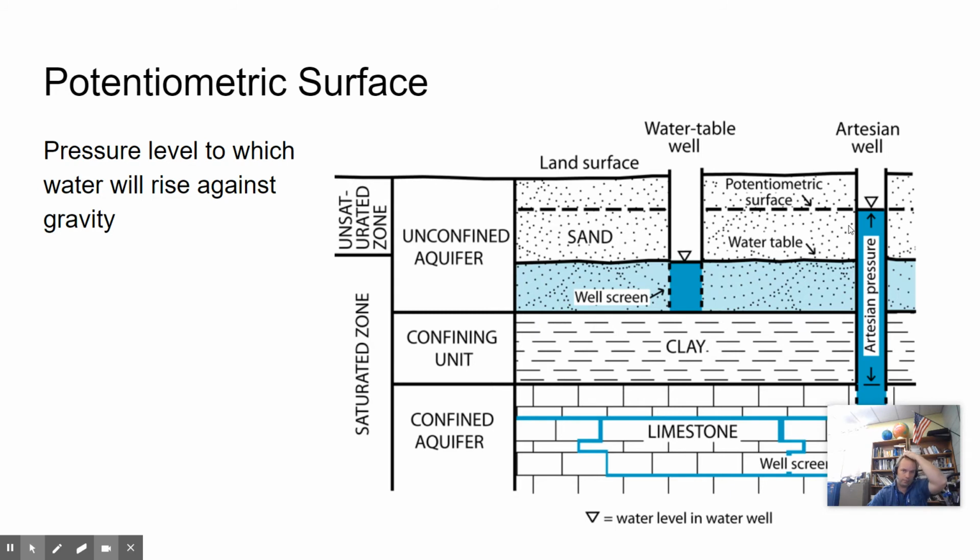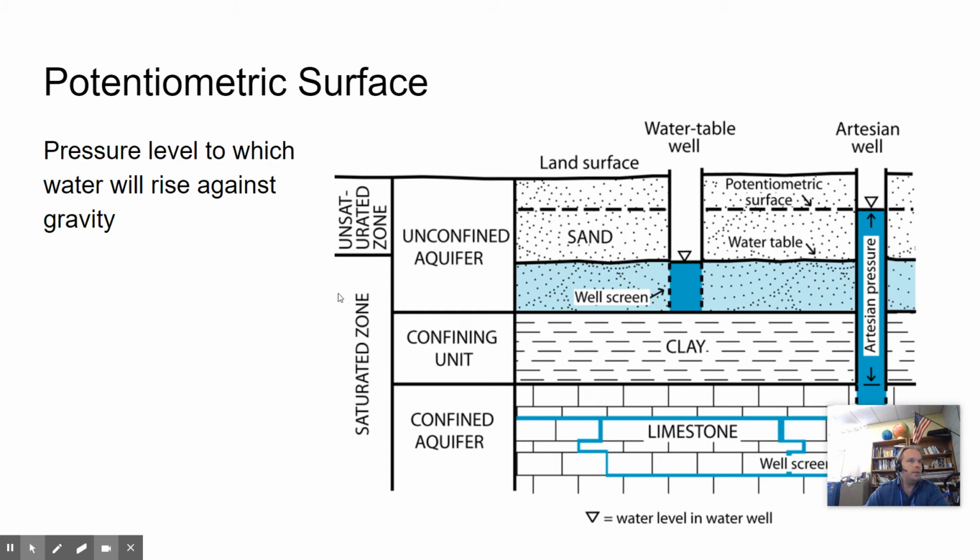In an unconfined aquifer, the water table itself is generally the potentiometric surface. It's the potential level that the water would rise to in an unconfined situation. That's how I tend to think of it, even though it should be described technically differently. If the artesian well or the potentiometric surface is above the ground, then the well will flow on its own without being pumped.